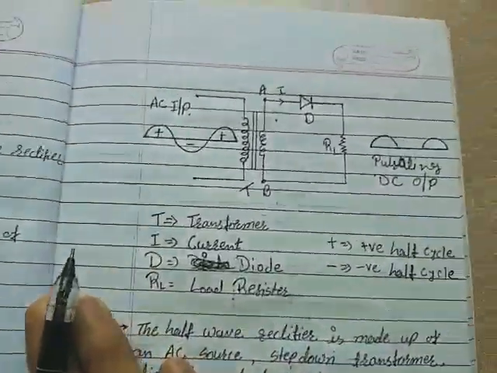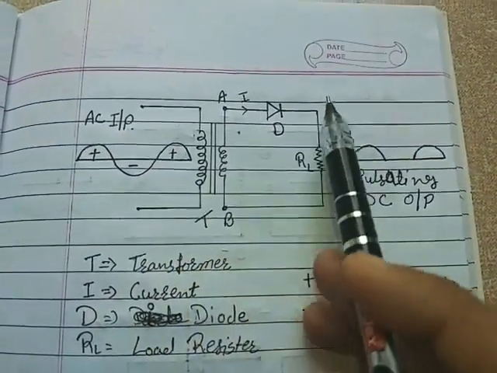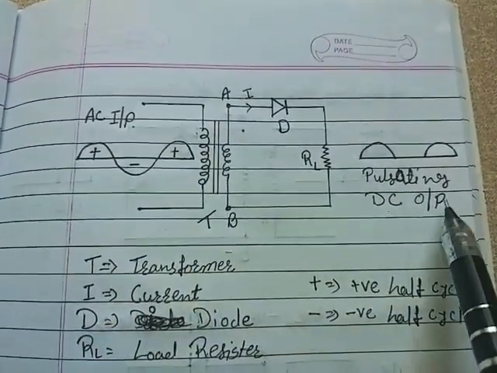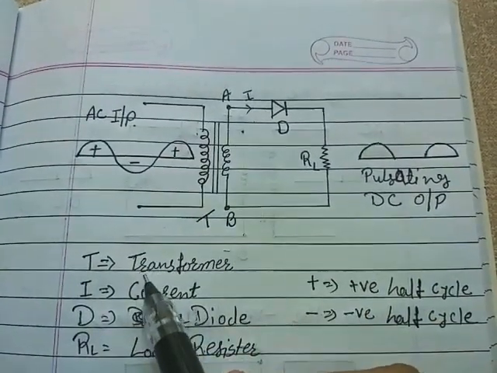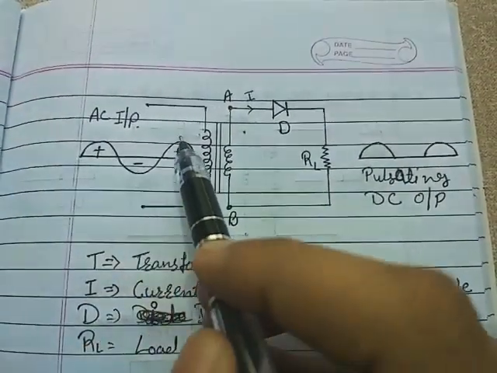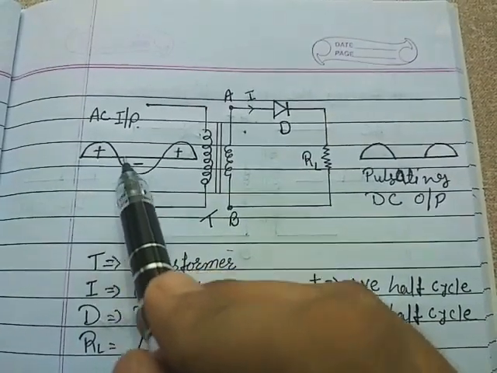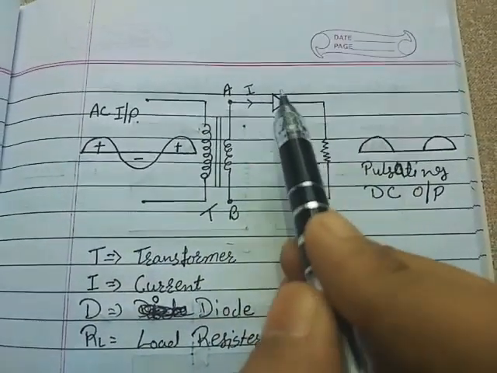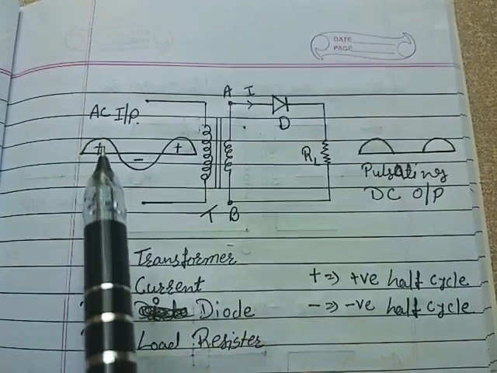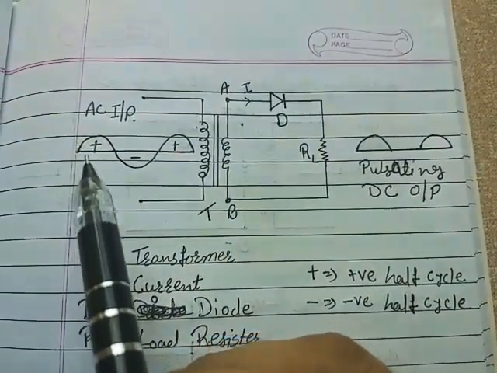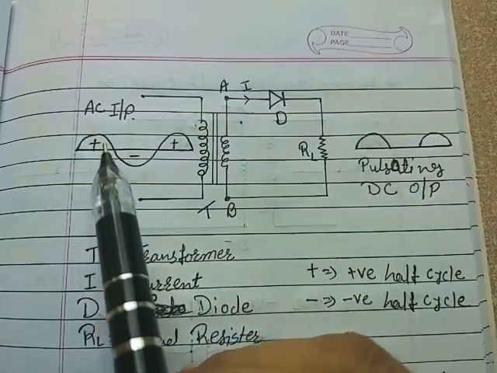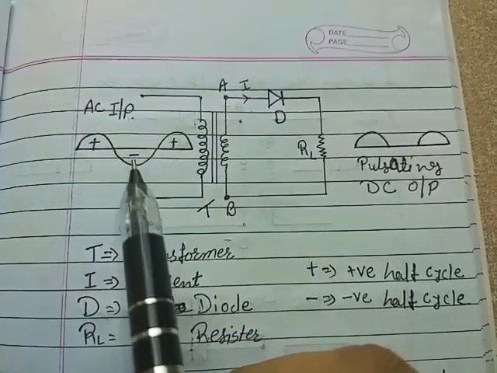Let's see the circuit. Here is the circuit of the half wave rectifier. This is a transformer, T is the transformer. This is our AC input. Now the half wave rectifier converts only one half of the input signal, either the positive half cycle or the negative half cycle.